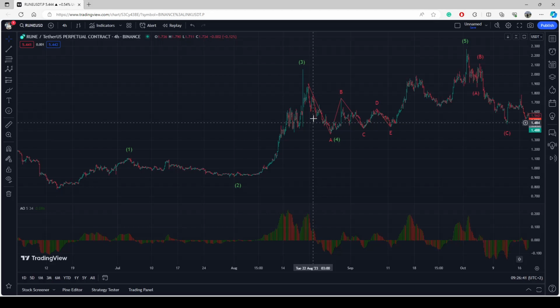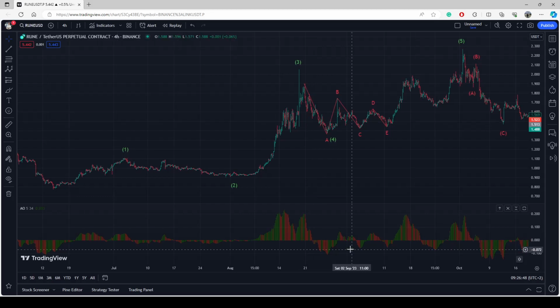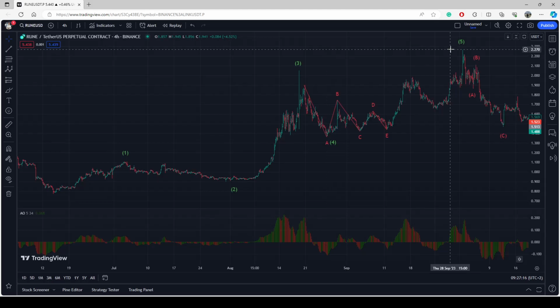Now the fifth wave is much easier when we have found the previous ones, because most of the time, like 90% of the time, or maybe even higher, we have AO indicator values lower than the extremums in the third wave. So when we look at the chart, we have prices higher than our third wave and AO indicator values lower than in the third wave.